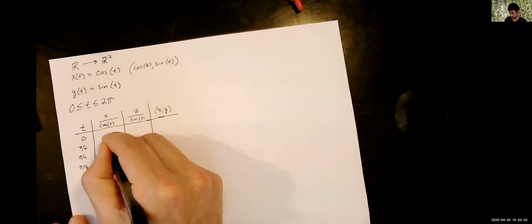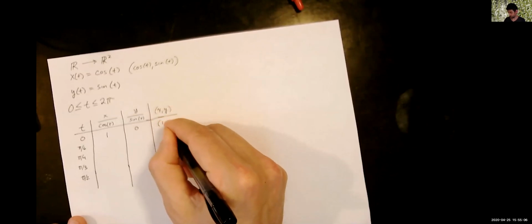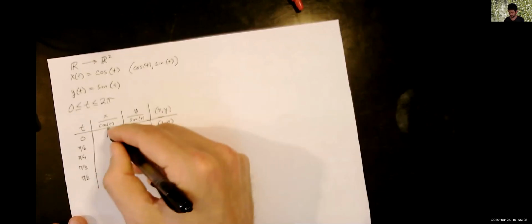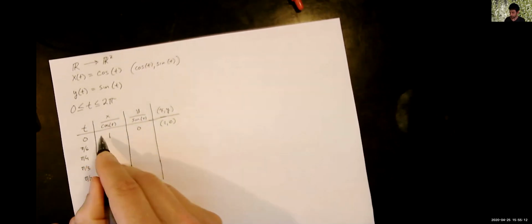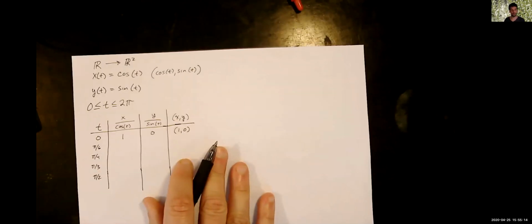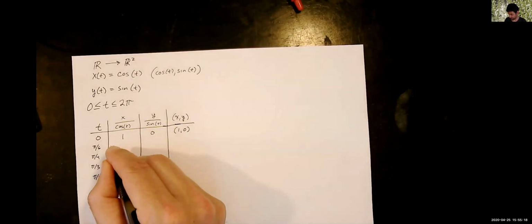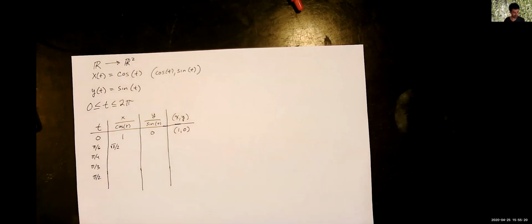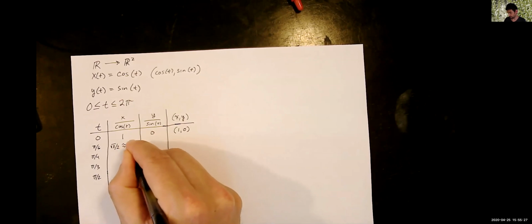So cosine of 0 is 1, sine of 0 is 0, so this is the point (1, 0). I'm just going to go down the cosine ones. It's easier for me if I think through one at a time. If you remember from a trigonometry class, the cosine of pi over 6 is root 3 over 2. I'm going to give decimal approximations to all of these since I want to graph them. I want to know about where to put these.